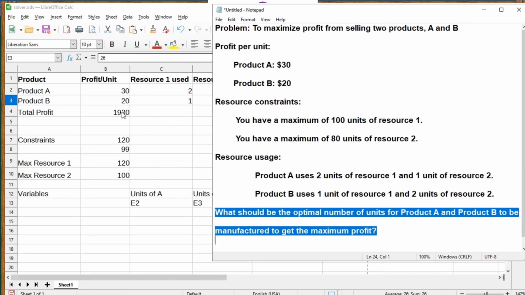Here, we have learned using Solver in LibreOffice Calc to find optimal solutions for problems involving multiple variables.